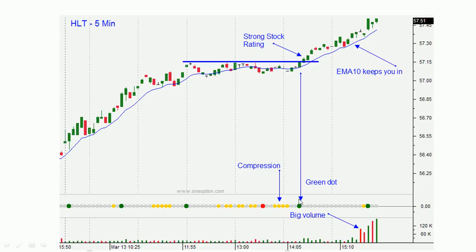I have my green dot here, which shows me that it's just released out of this compression. And these compressions are like a coiled spring. They compress that stock, and finally, when the price releases, you get a nice sustained move. And here you can see how that EMA 10 keeps you in the trade. So you've got 57.15. You got about a 35-cent winner there.